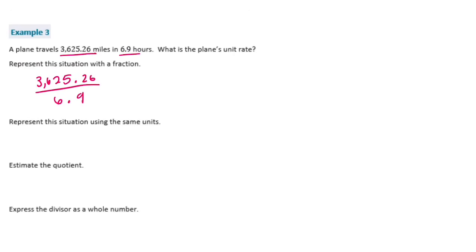Represent this situation using the same units. So we want to have it either in tenths or hundredths. So I'm going to go ahead and use tenths because the divisor is already in tenths. So I'm just going to change this to be in tenths.